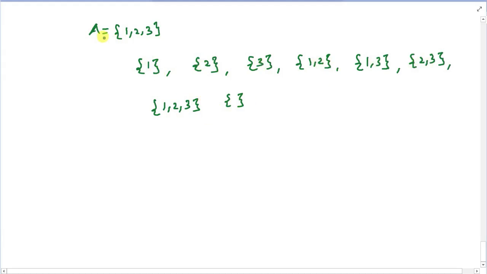So this set A can have 8 subsets, and the set itself and the empty set or void set are also subsets of given set. So this point we have to remember.